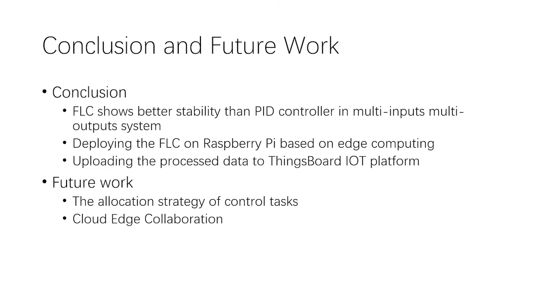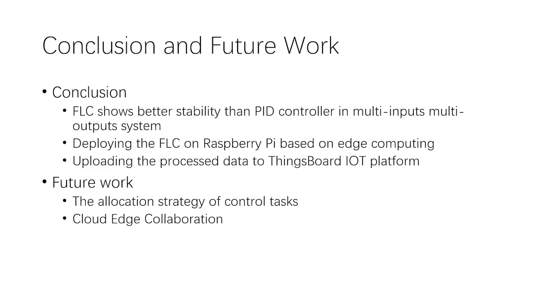We have developed our FLC on Raspberry Pi based on edge computing. We can use SynSpot as our IoT platform to view and analyze the greenhouse information or other status in real time.